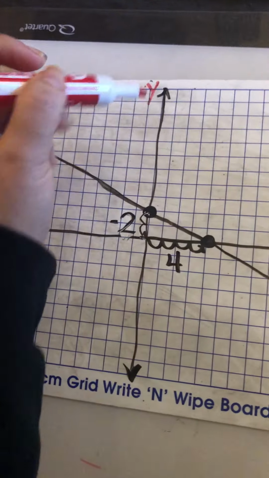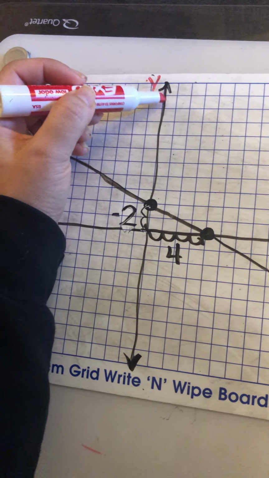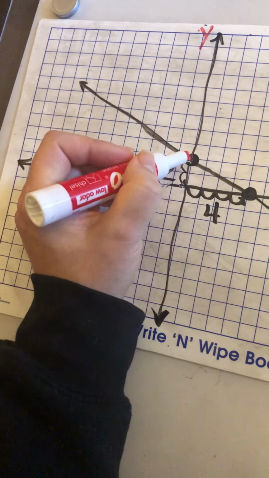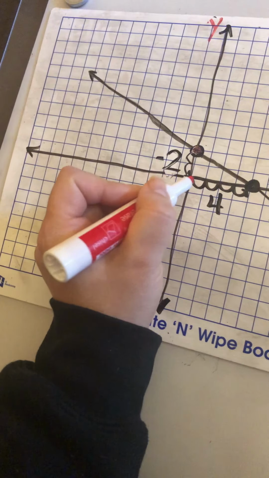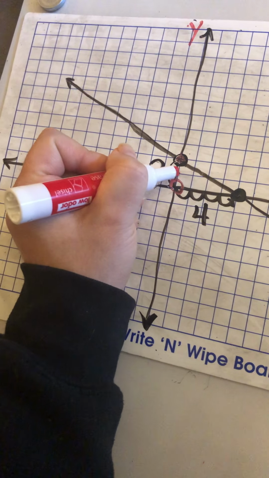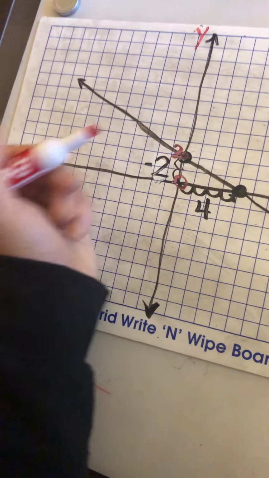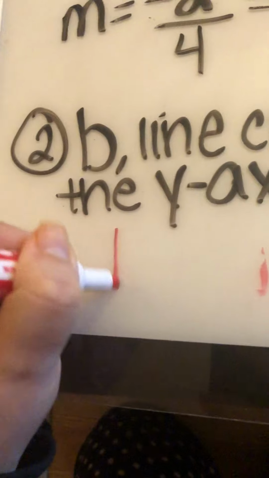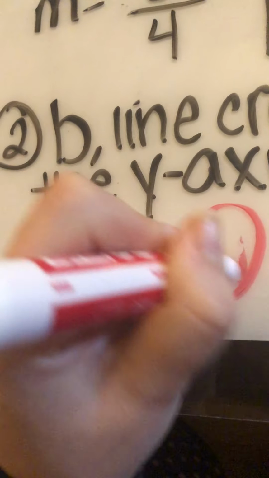This is my y, this is x, right? So I go to my y-axis and I just go down until I see where this line is hitting my y-axis. It's hitting right here. So if this is 0, then my y-intercept is going to be 1, 2. It's crossing at 2 on the y-axis. So for this one, b equals 2.